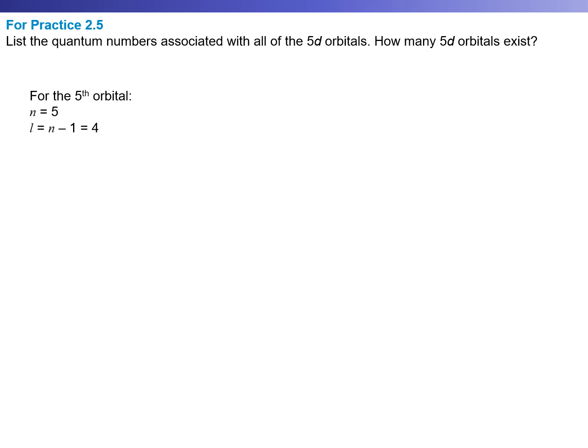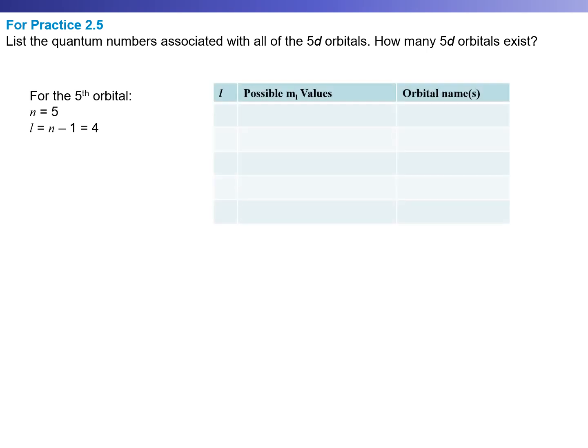Now, with this information, we can bring up a chart and come up with these other values. And I'm going to go ahead and complete this chart. So when you're in the 5th orbital, you're going to have your S, your P, your D, your F, and so forth. So let's go ahead and lay those out.